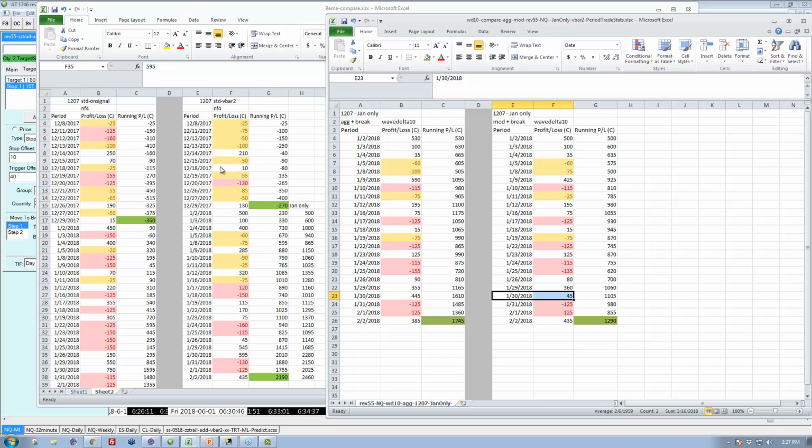The other thing that I find interesting is that I see this difference here, and that has me really curious, because this is almost every single code. This is the aggressive plus breaks. This is almost every single code in the system, and so I'm wondering if by switching to wave delta 10, we can find those cases where that's too aggressive, but then we end up not taking it because we don't take that code.